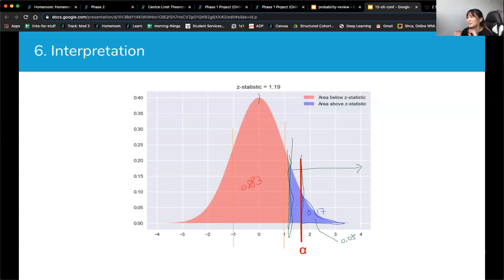I will say z-tests are probably the simplest tests, unfortunately, but not used very often because we don't often know the population mean and standard deviation. That is just the structure of a statistical test.